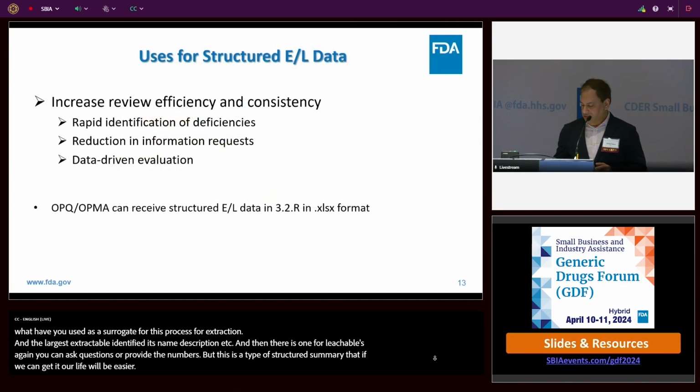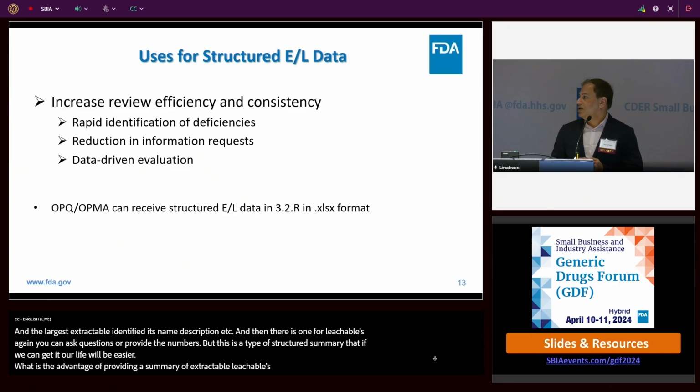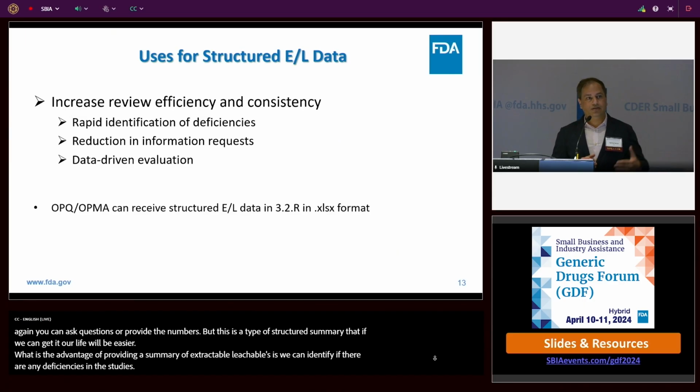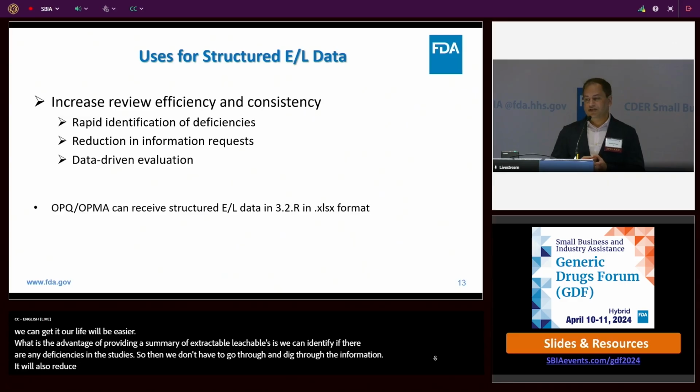So the advantage of providing this summary of extractable leachables studies is that we can identify if there are any deficiencies in the studies right away. So then we don't have to go through the reports and dig through the information. It will also reduce the number of information requests for something that we couldn't find, but it may be there.